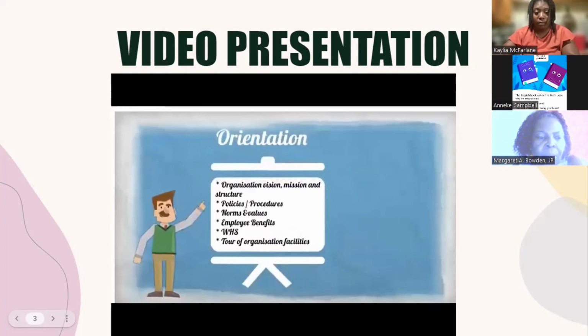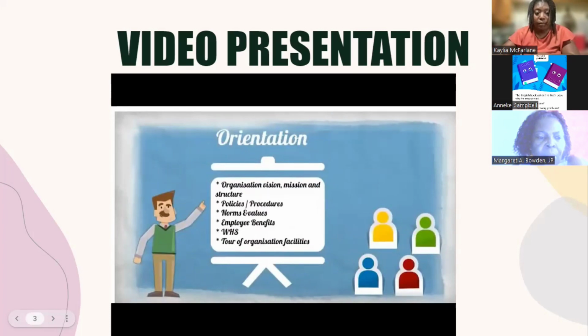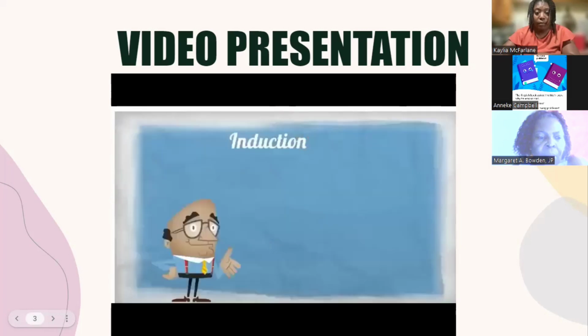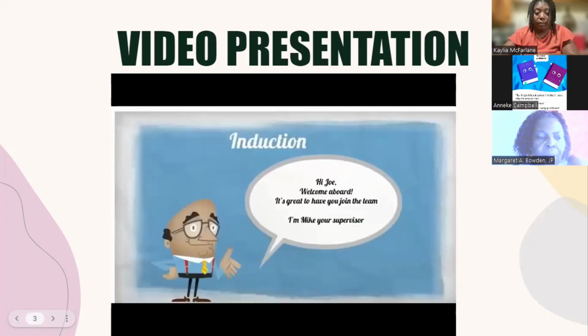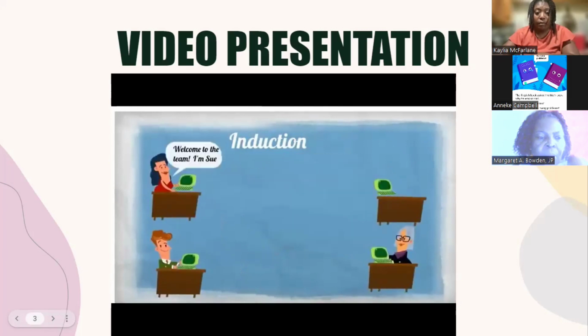Orientation acquaints an employee with the more general organisational matters and has two key objectives: to inform the employee of organisational policies, norms, values and benefits, and to make an employee aware of important locations, procedures and services which are available to them. Induction is more concerned with introducing the new recruit to the job and to the work environment in which he or she will work. This is best conducted by the immediate supervisor and the new recruit's team members.